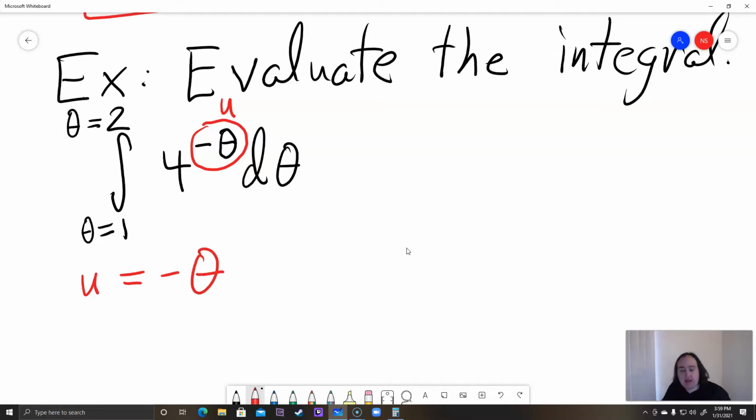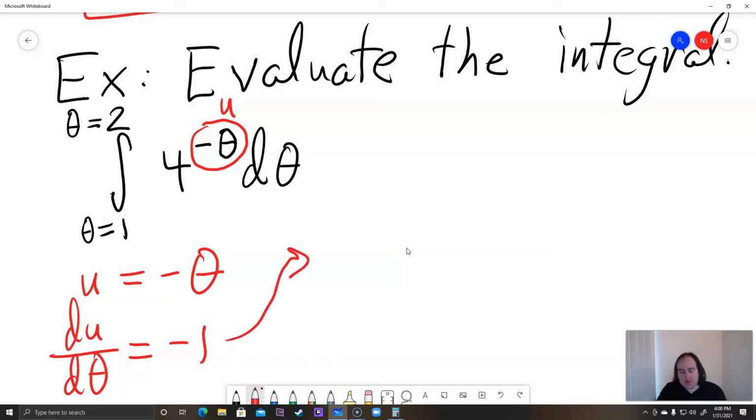Taking the derivative of both sides, we get du d theta equals negative 1. If you like to do it the way I do, isolate d theta, because theta is our independent variable here. If I multiply both sides by d theta and divide both sides by negative 1, I get negative du equals d theta.